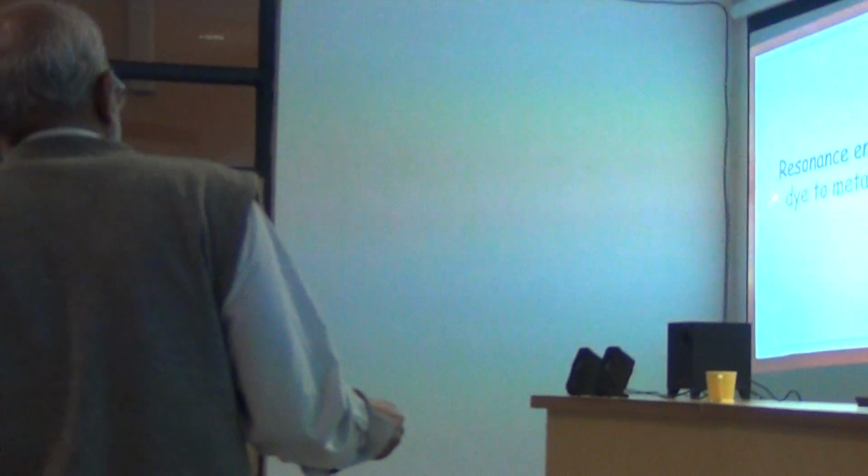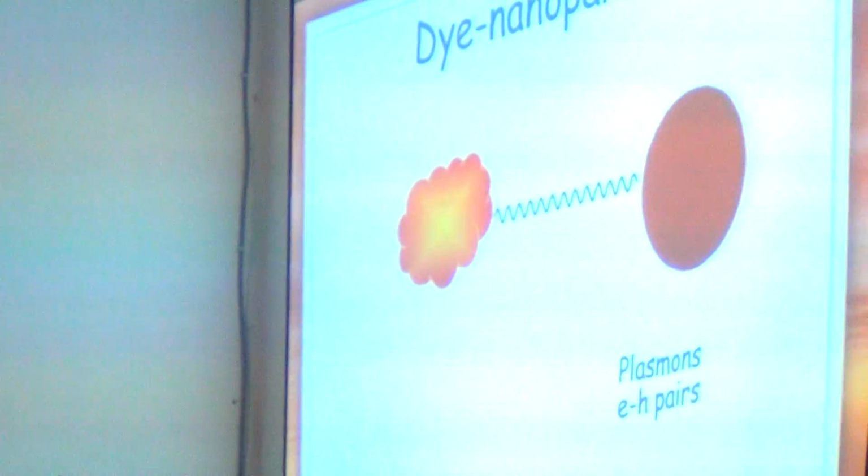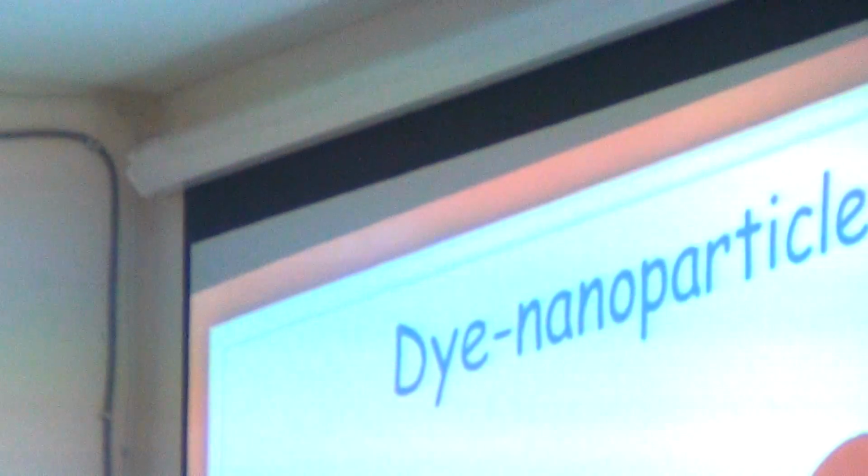When we started getting interested in this, when we started working on this, essentially it was because there was a paper which reported not r to the power of minus 6, but something that is different. So let me tell you what it is. It is actually resonance energy transfer from a dye molecule to a metallic nanoparticle. So what is the process? This is your dye.